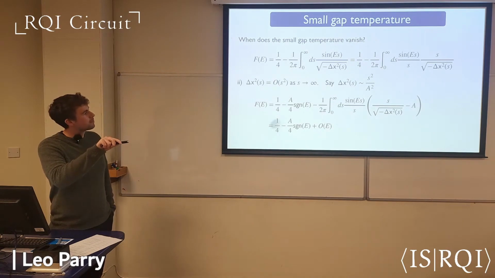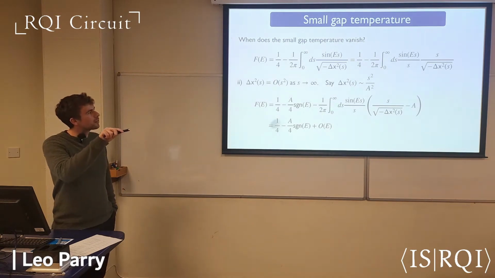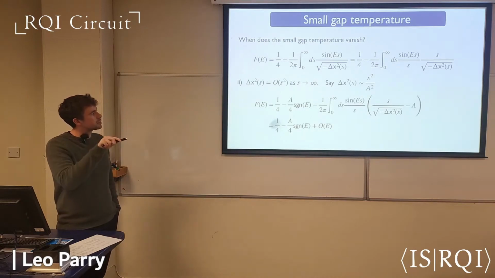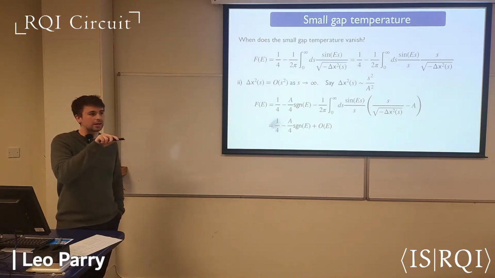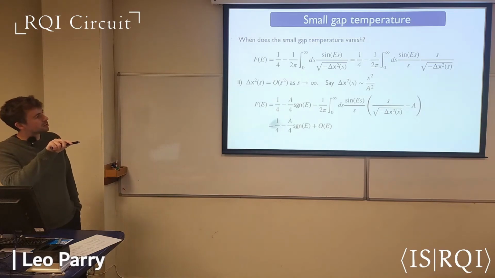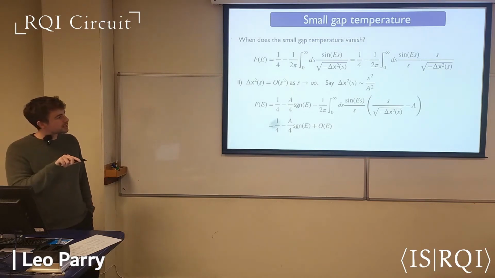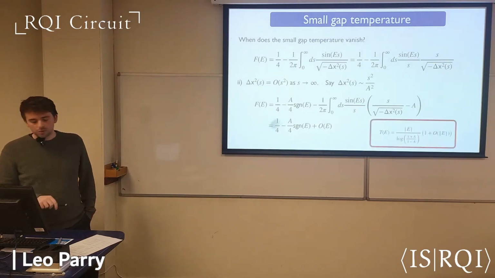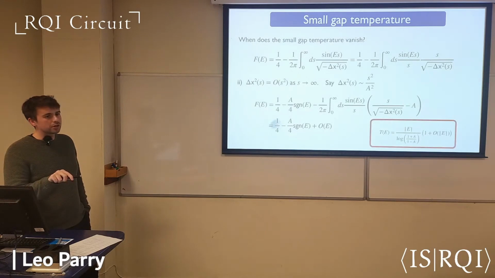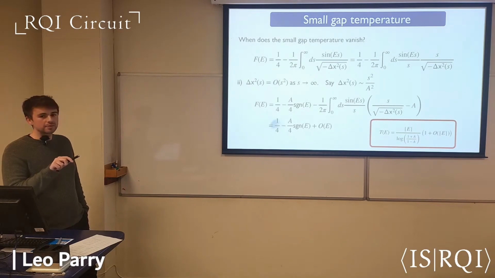And this gives us another 0th order correction to the response function, which depends on the sign of the gap, like this. Okay? So this is a 0th order contribution, and this is going to be of order e. So if we plug this into the detailed balance formula, we get that the temperature is proportional to the gap. Okay? So this only happens when delta x squared is of order s squared as s goes to infinity.